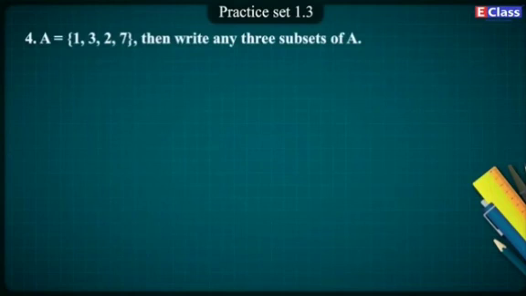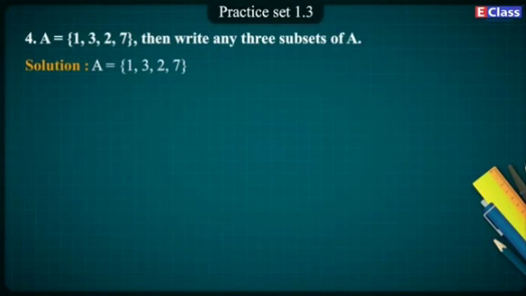4. A is equal to {1, 3, 2, 7}. Then write any 3 subsets of A. Solution: A is equal to {1, 3, 2, 7}.